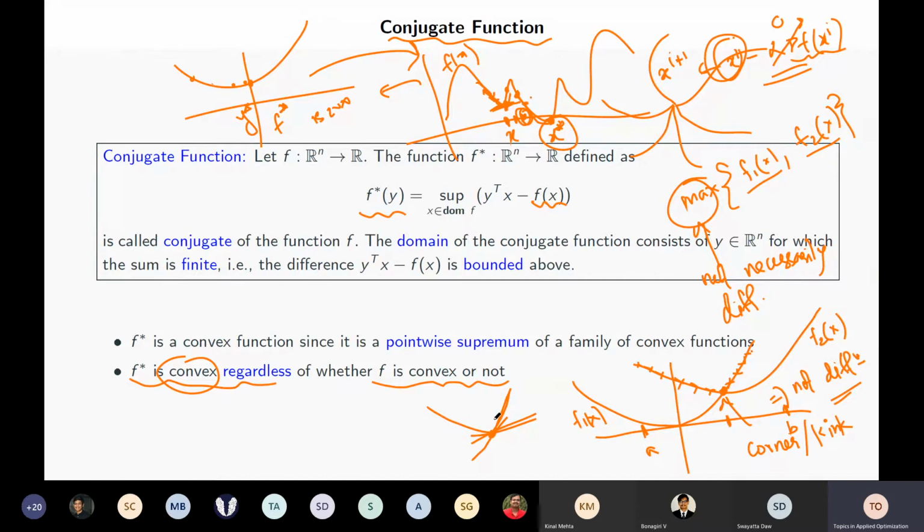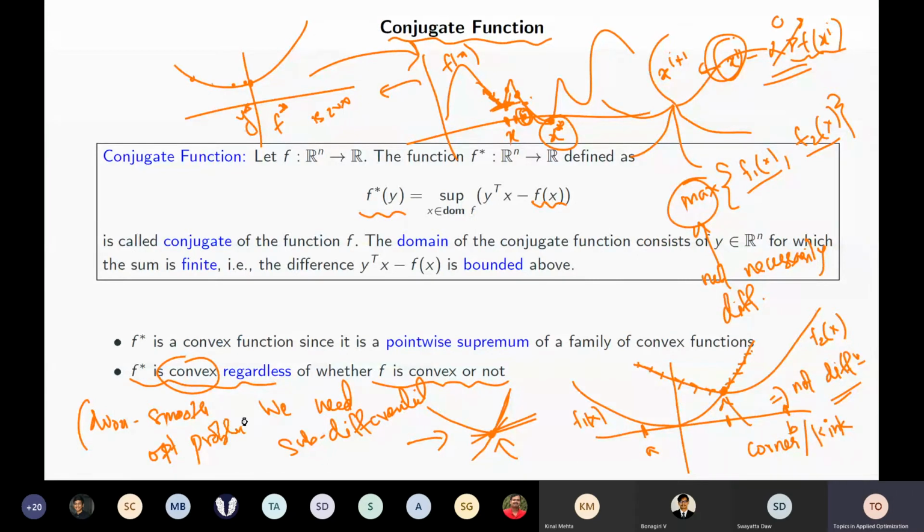So for a problem with a kink, we need sub-differentiability, the sub-differential. That is something we will discuss later on for non-smooth optimization problems. Non-smooth means non-differentiable optimization problems.